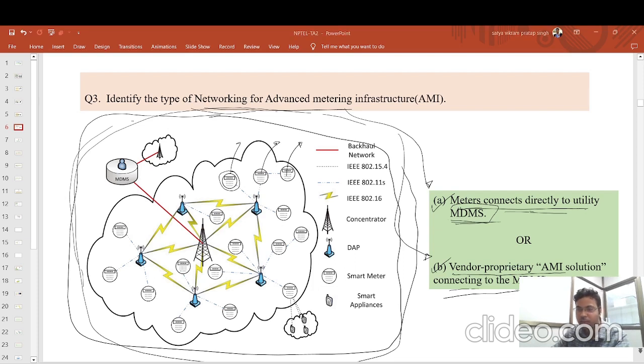Dharven is saying B is the correct answer. Any other answers? Okay, let's come to the answer part.